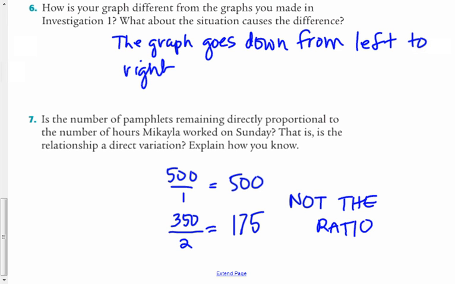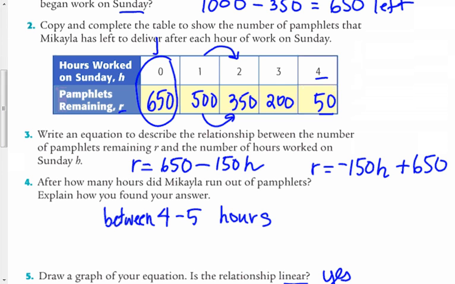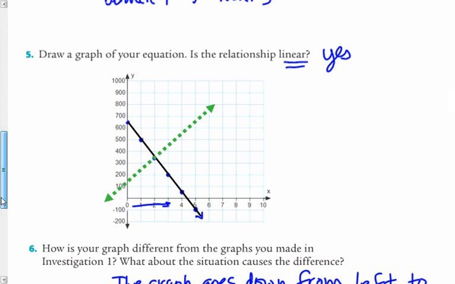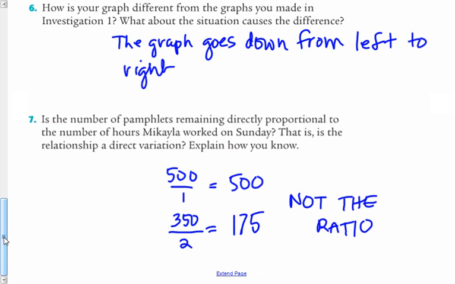Or you have another choice. You could tell by the table right here. All direct variations have to start at 0, 0 to keep the numbers proportional. So another reason you could put is also that the data doesn't include the point 0, 0.